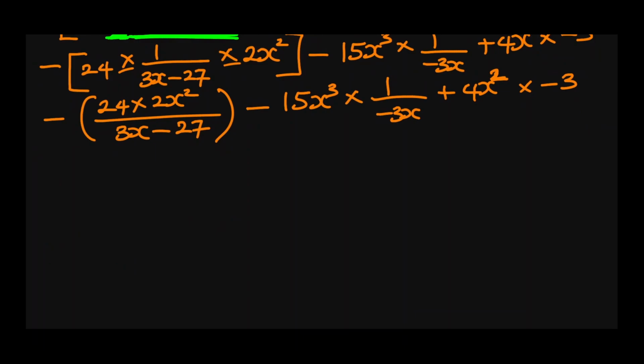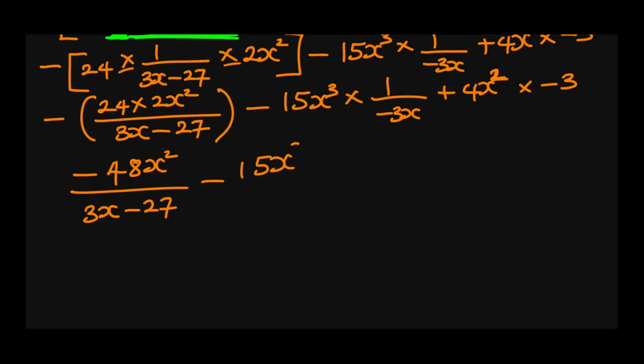Simplifying this further, to remove the bracket, the minus will have to go to the numerator. Remember the previous lesson. So this gives us minus 24 times 2x squared gives us 48x squared. So minus 48x squared over 3x minus 27 minus 15x cubed times 1 over minus 3x plus 4x squared times minus 3.